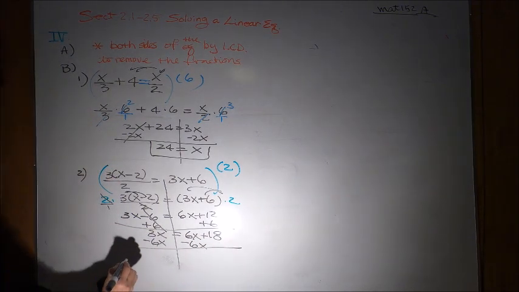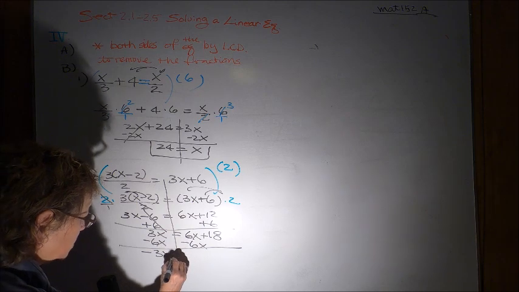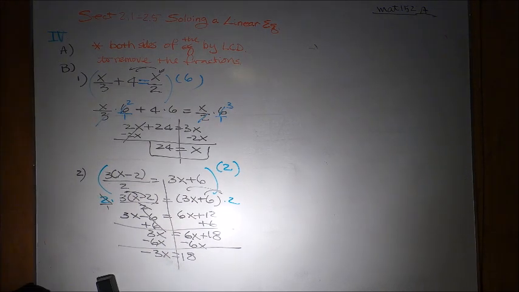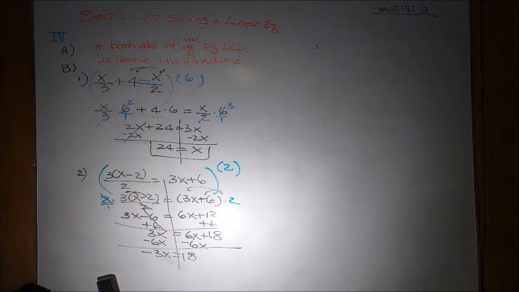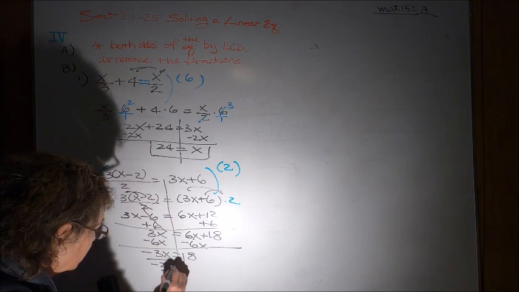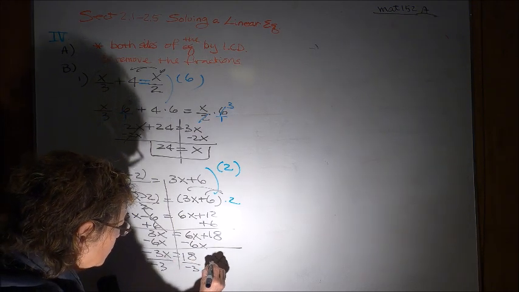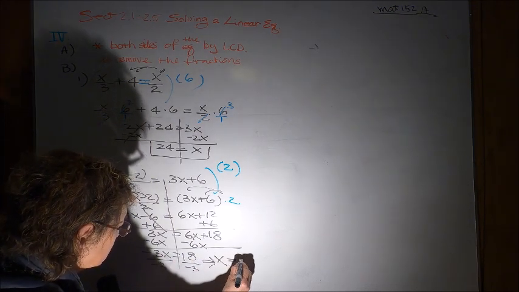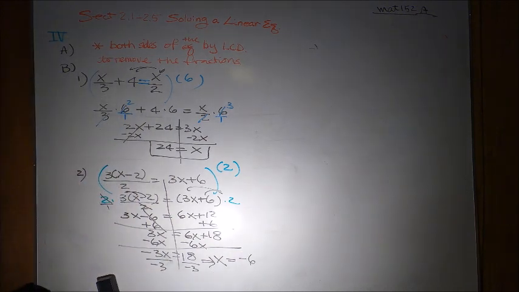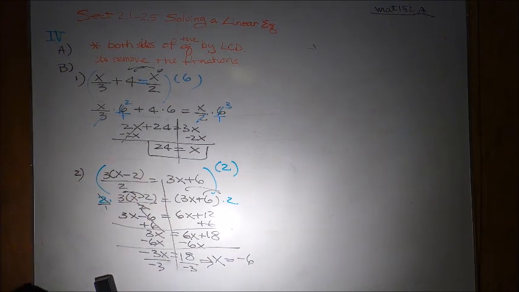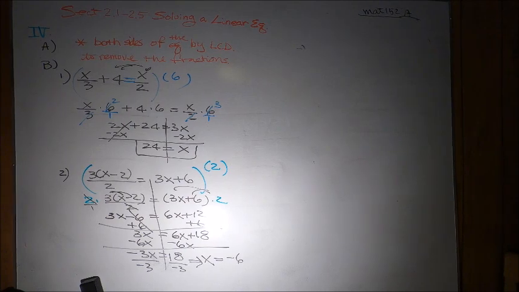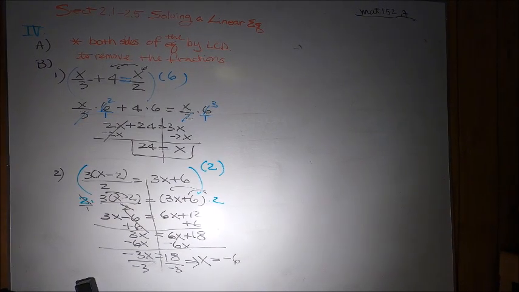So what do we have? We have a negative 3x equals 18. Then get x by itself. So what do we have? We have x is negative 6. Is that right?